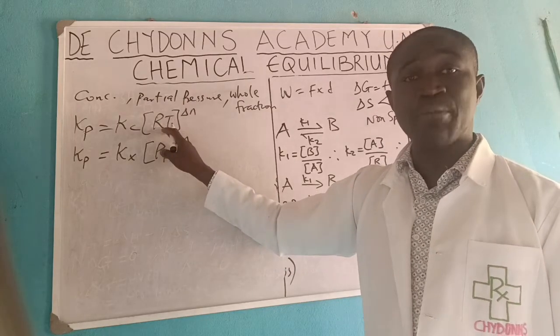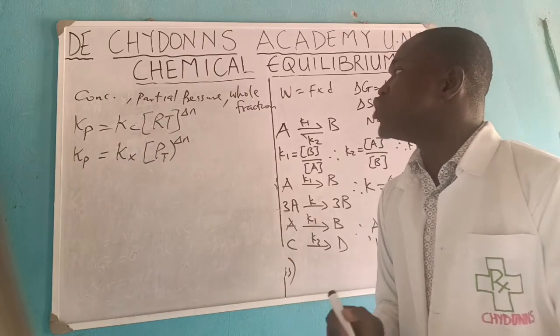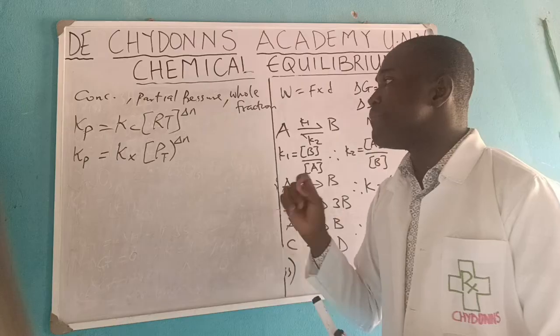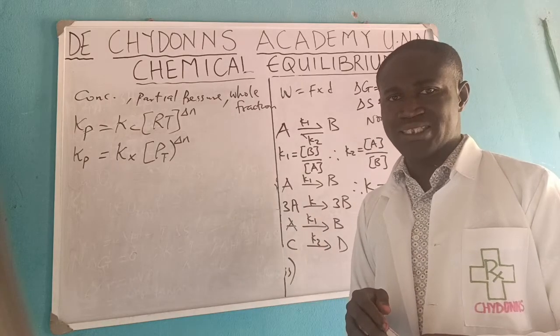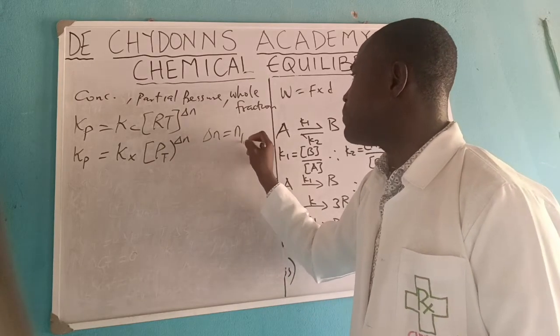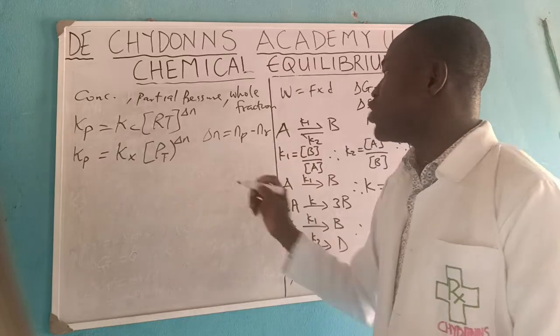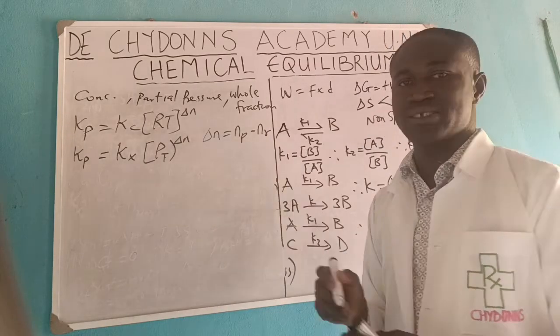T is the temperature. And change in n means the number of moles of the products minus the number of moles of the reactants. Do you understand it? That means change in n is the sum of the moles of the products minus the sum of the moles of the reactants.